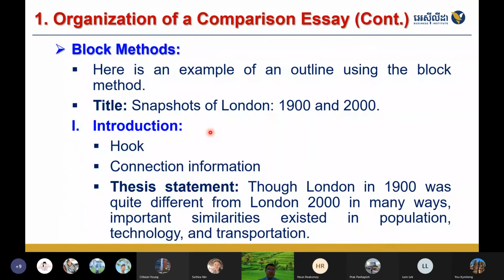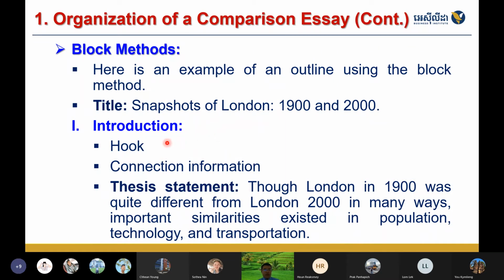So next, continue. Block method. Here is an example of an outline using the block method. Title: Snapshots. Snapshot of London, 1900 and 2000.